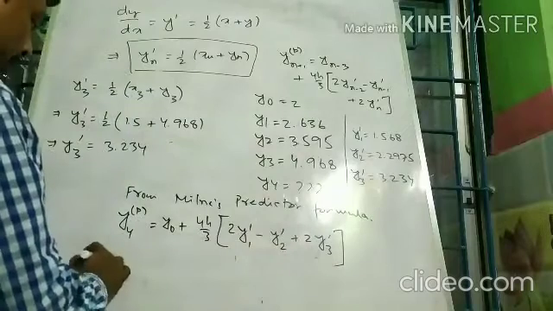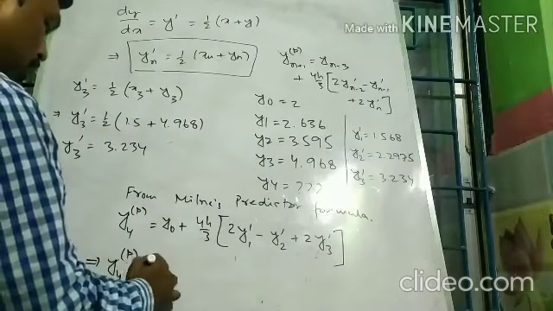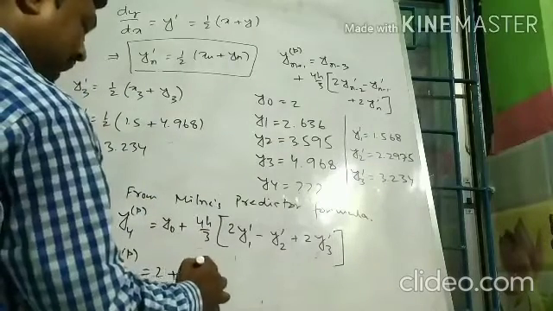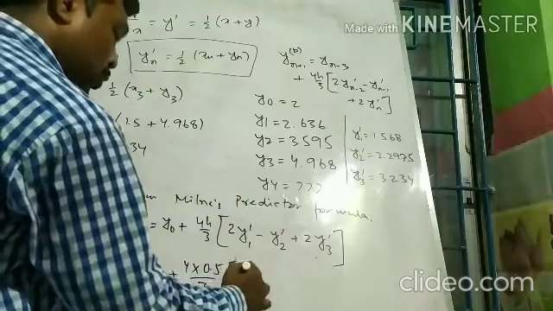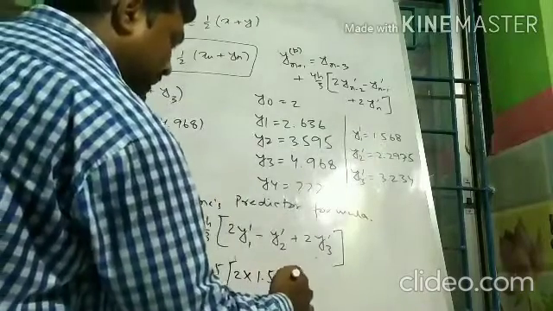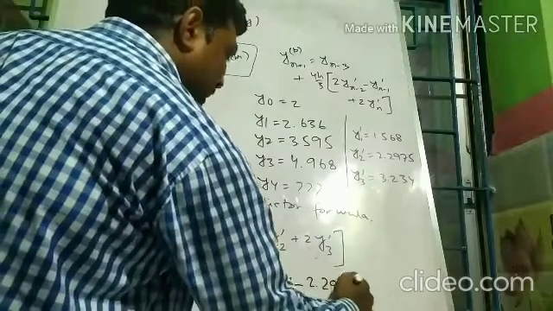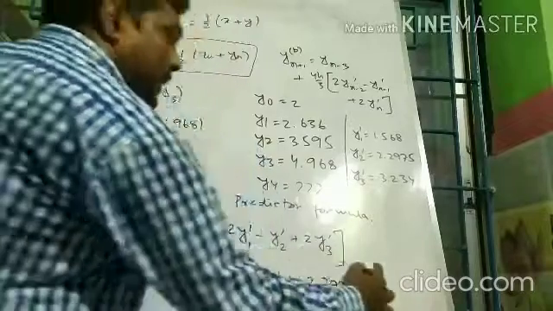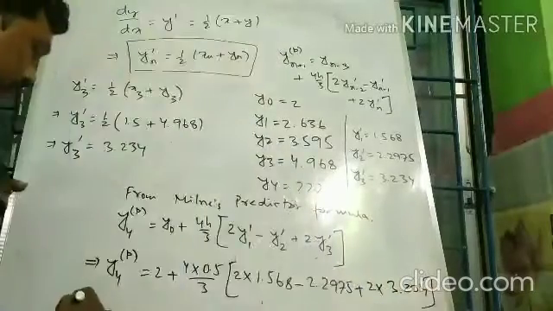So y4p equals y0, which is 2, plus 4 into h, 0.5, by 3, times 2 into y1 prime, 1.568, minus y2 prime, 2.2975, plus 2 into y3 prime, 3.234, and simplify.